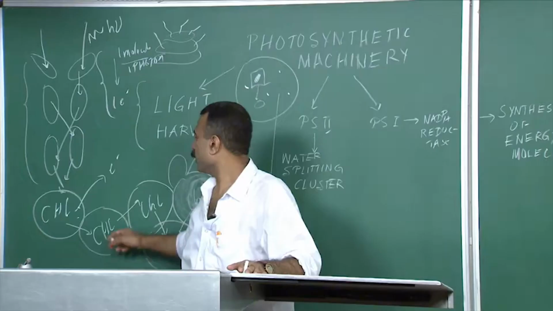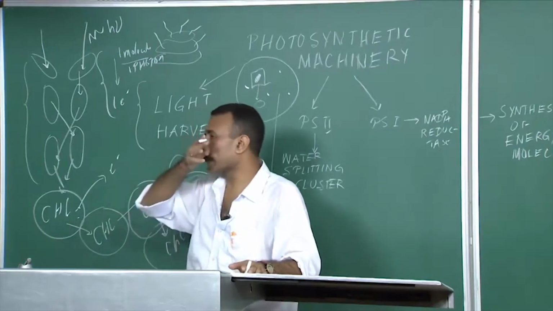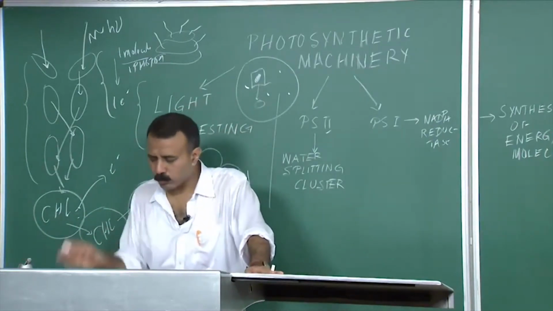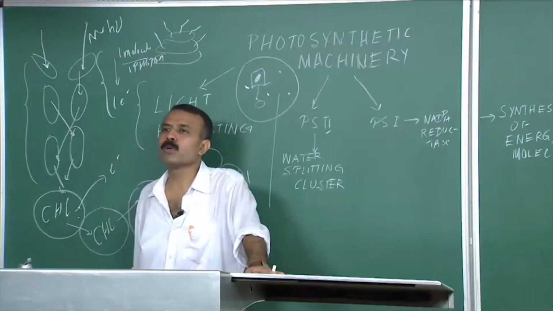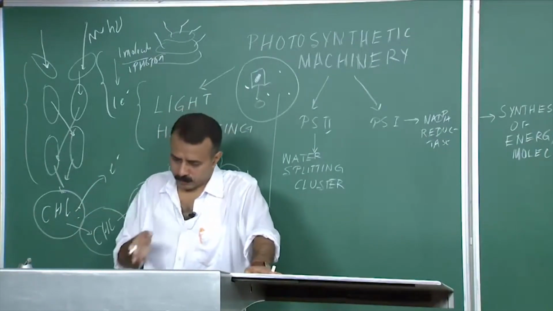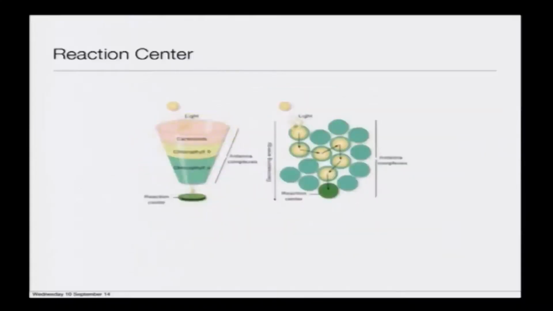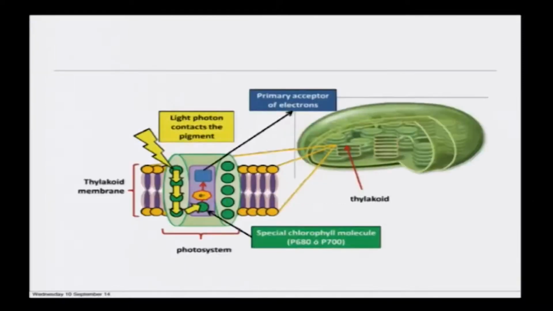They are funneling the electron to the chlorophyll pool. Within the chlorophyll pool, there is a hopping taking place, and then what you see out here is something like this. There is a specific reaction center where the reaction gets initiated.